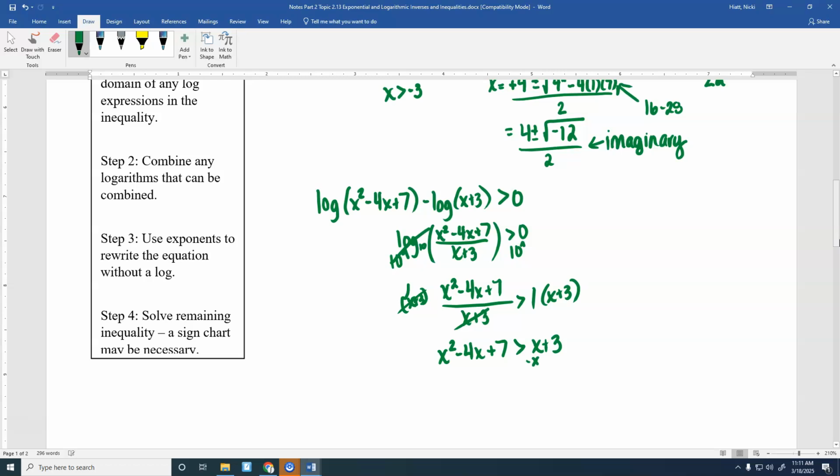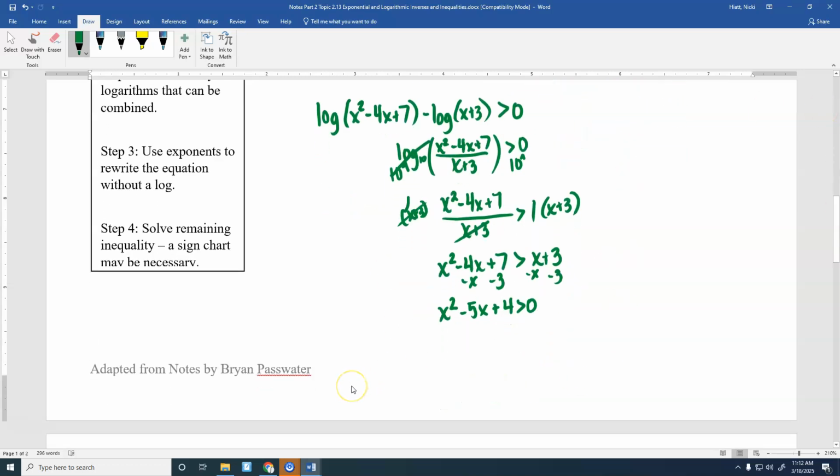So if I subtract this x and subtract that 3, I get x squared minus 5x plus 4 is greater than 0. And so this will factor. It is x minus 4 and x minus 1.